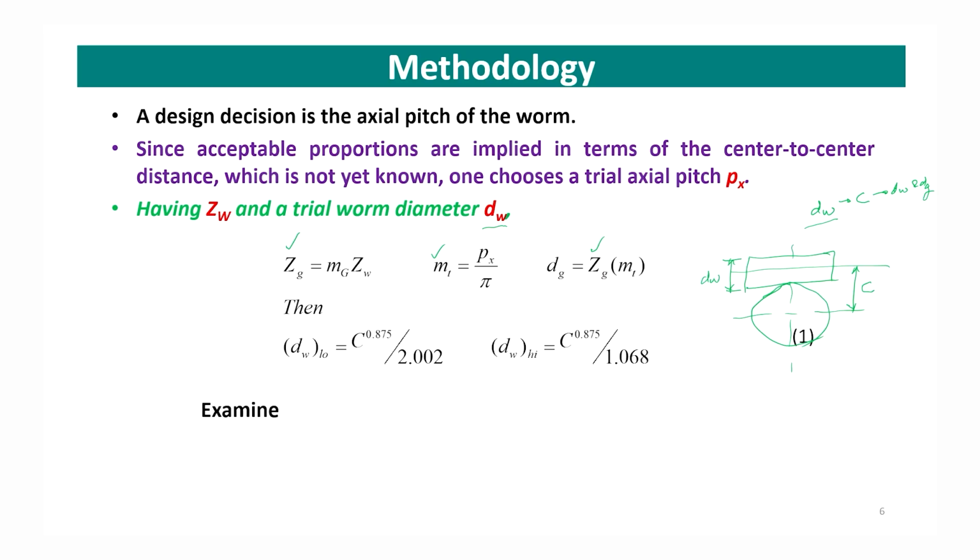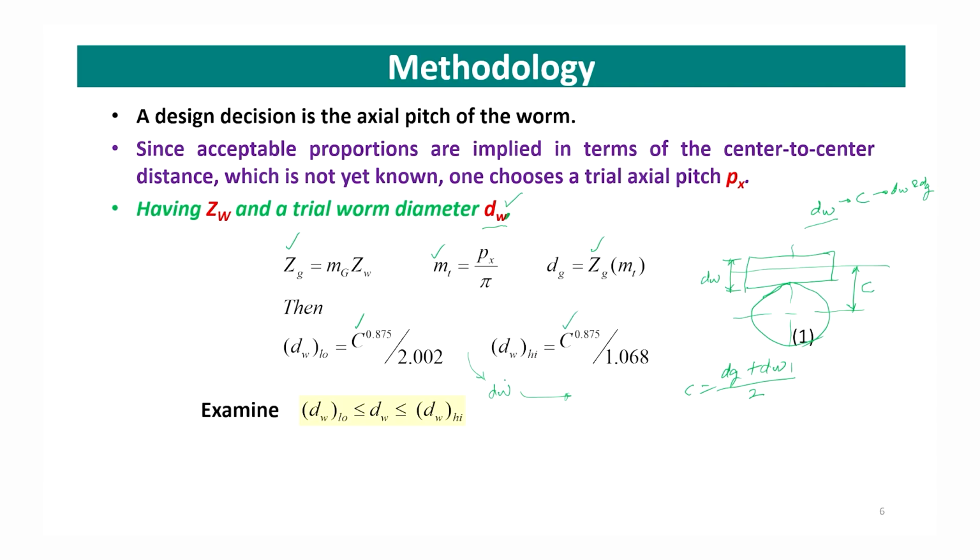So, it is an iterative process. Examine that your dw which you have selected is within this range or not. If it is not in this range, then from this dw lower and dw higher, we will choose a next value of dw, and then we will find the new value of center distance from the formula C is equal to dg plus dw divided by 2, and then again this C will be substituted in this and this to get the lower and higher value of dw.